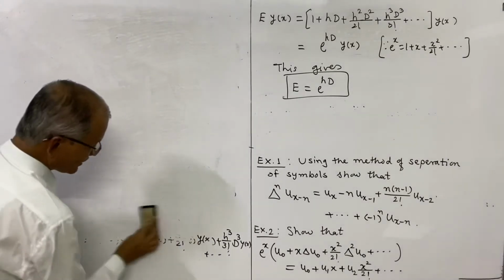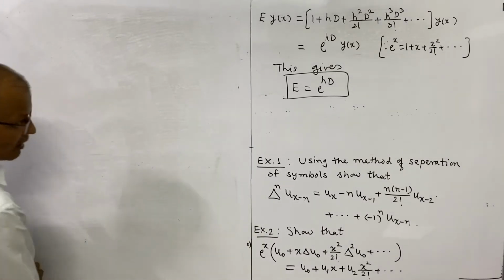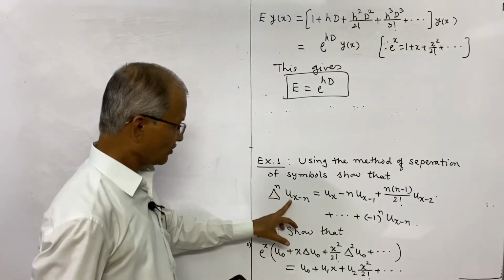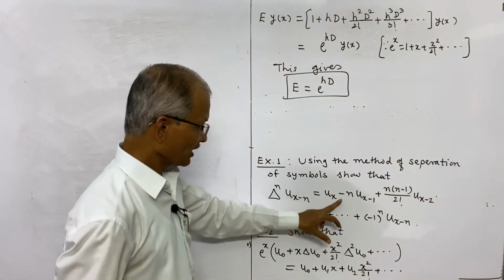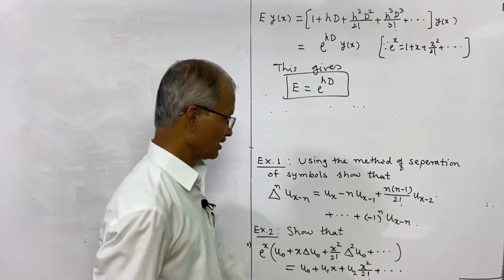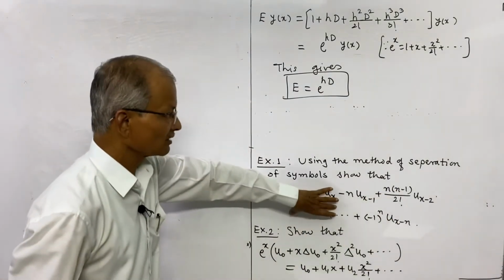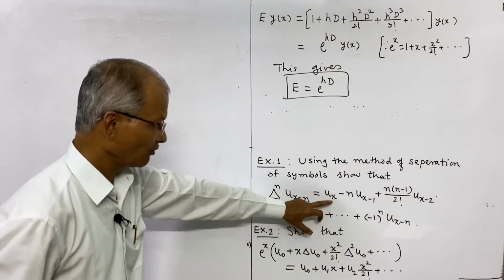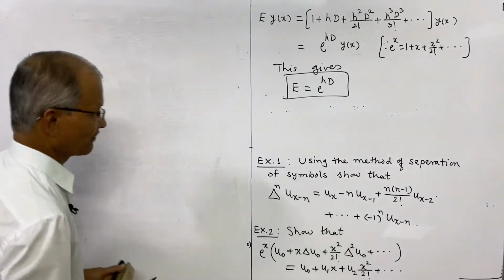Now first is delta raised to n u x minus n is equal to u x minus 1 plus etc., and this identity, this relation, is to be proved. We will consider its right side, and we will prove the right side is equal to the left side.